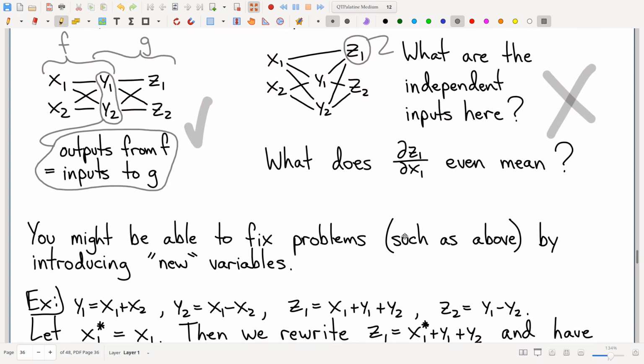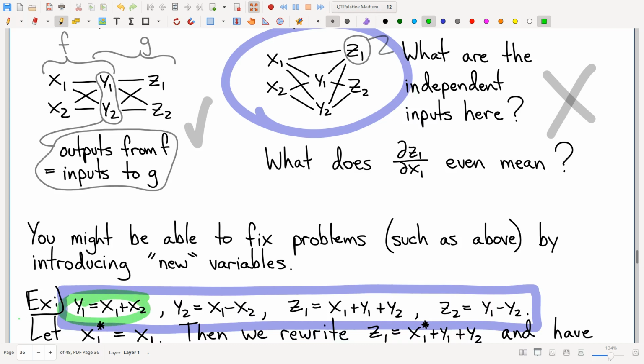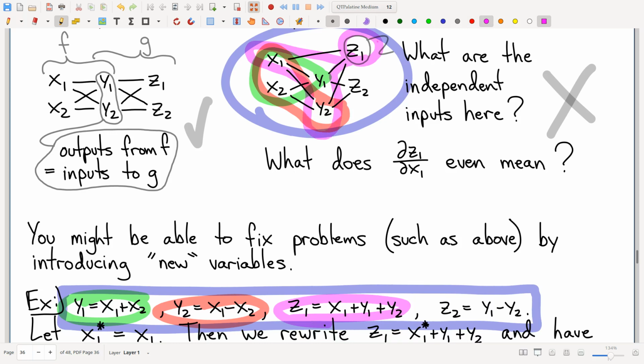I'm going to start off by recognizing that these equations here kind of suggest this diagram. In particular, look at this. y1 is a function of x1 and x2. Cool. And y2 is a function of x1 and x2. And z1 is a function of those, just like I have in the diagram, right?